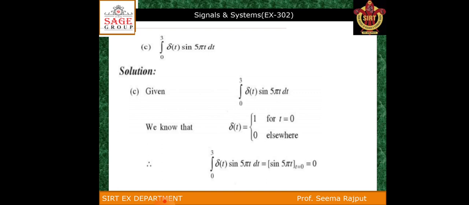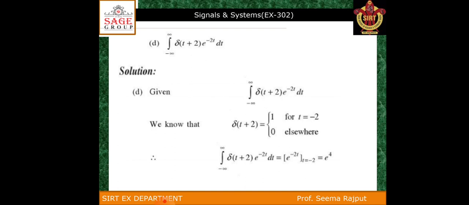So the integration from 0 to 3 of delta t sine 5 pi t dt leaves sine 5 pi t, and in place of t we put t equal to 0, because at t equal to 0 delta t equals 1. So sine 5 pi 0, and sine 0 is equal to 0.